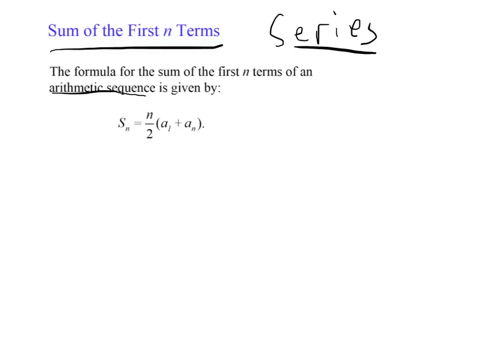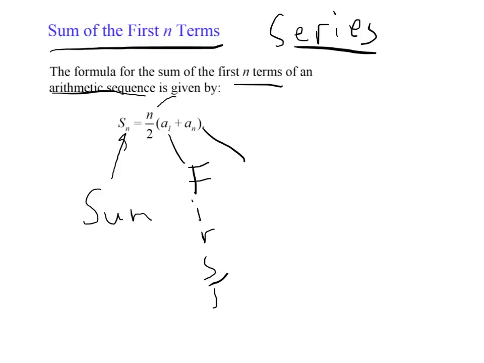So the parts of this formula: if we're looking for the sum, you almost think series sum, S stands for sum. N's how many terms we have, and then we have the first term, and we have the last term. Those are the pieces we need in order to do this for an arithmetic sequence.